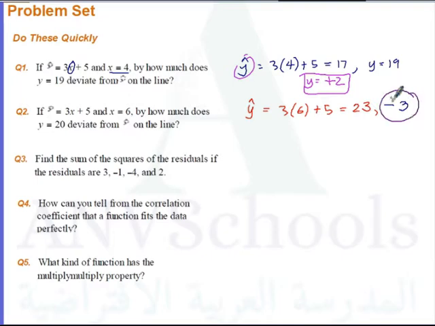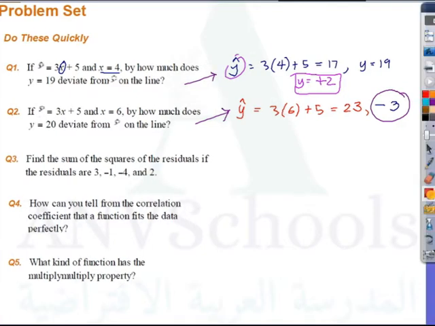Question number 3. Find the sum of the squares of the residuals, if the residuals are 3, negative 1, negative 4, and 2. So we could pretty much involve a table here.